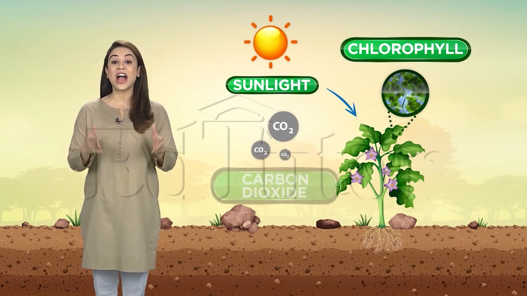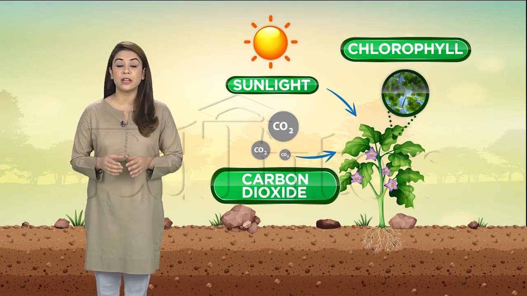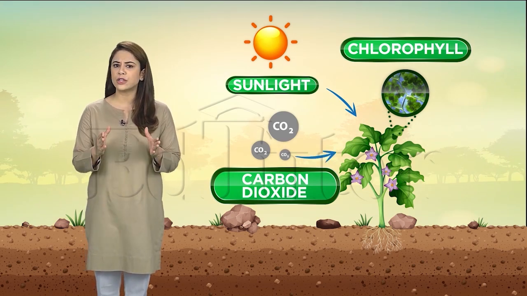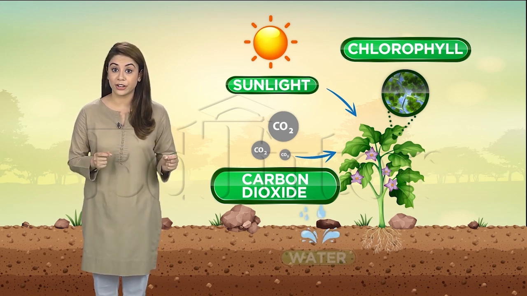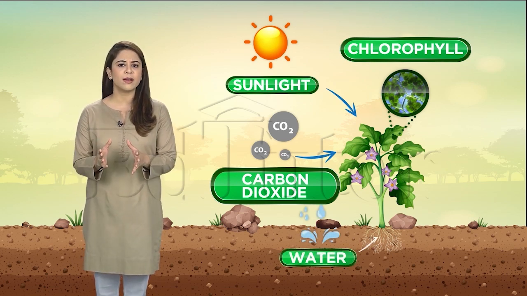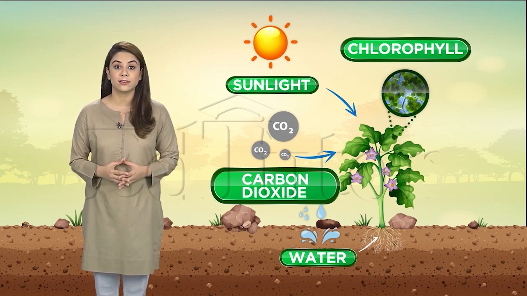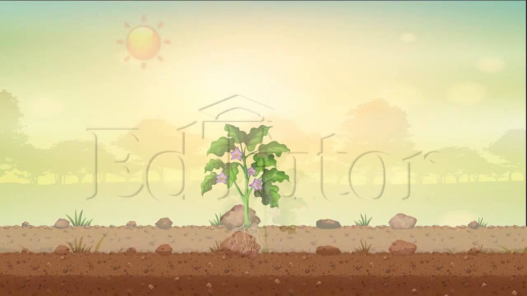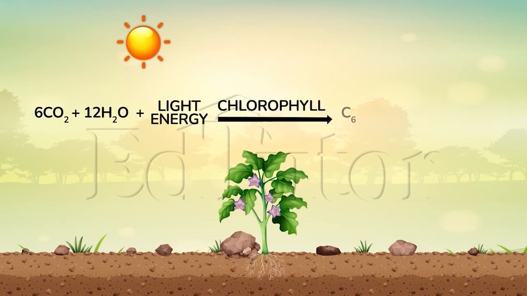Oh yes, carbon dioxide, which is the main raw material absorbed from the air through the pores in the leaves, whereas the water and minerals are absorbed from the soil with the help of their roots. The carbon dioxide and water undergo a chemical reaction in the presence of light to produce glucose.